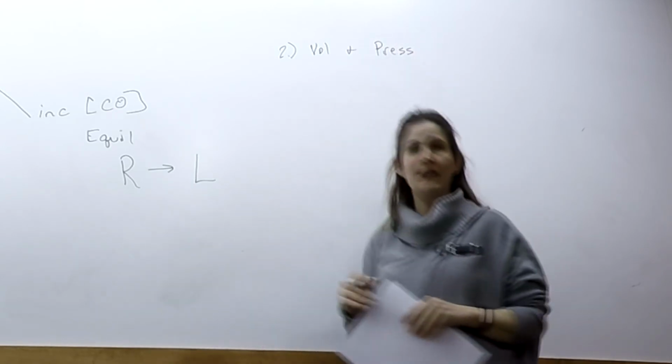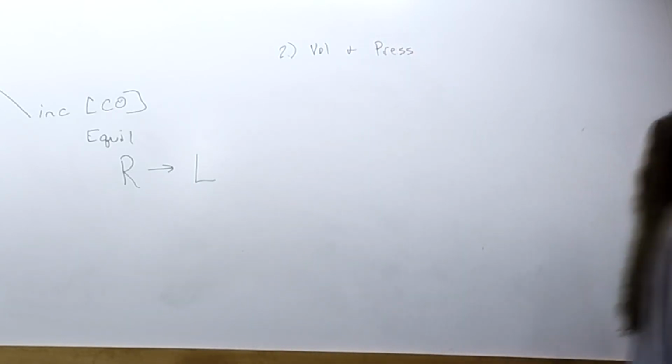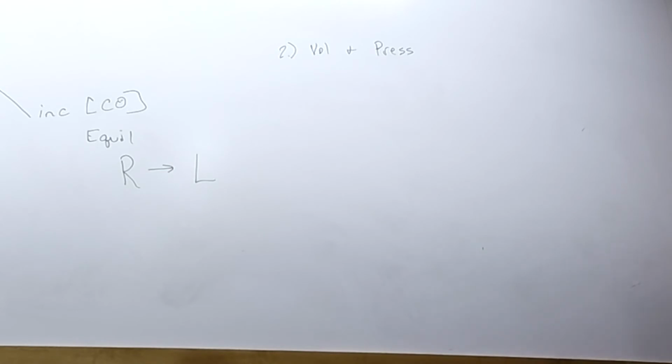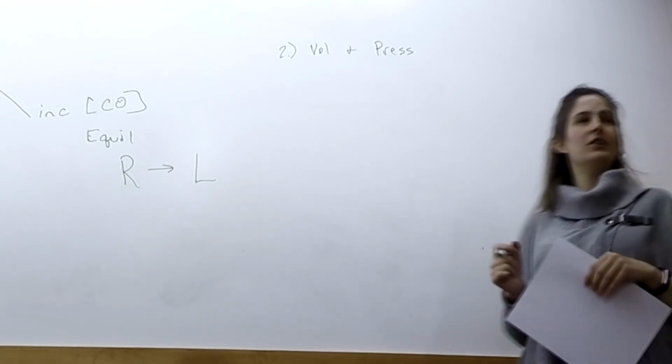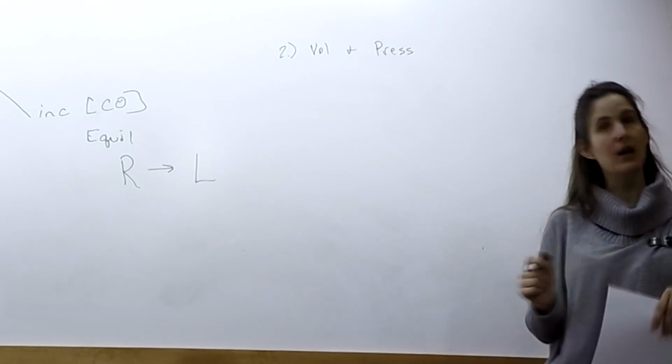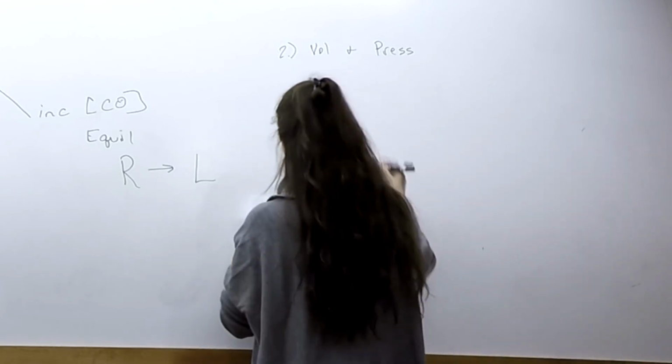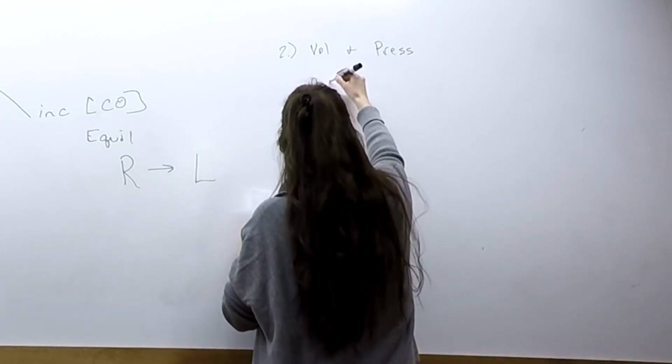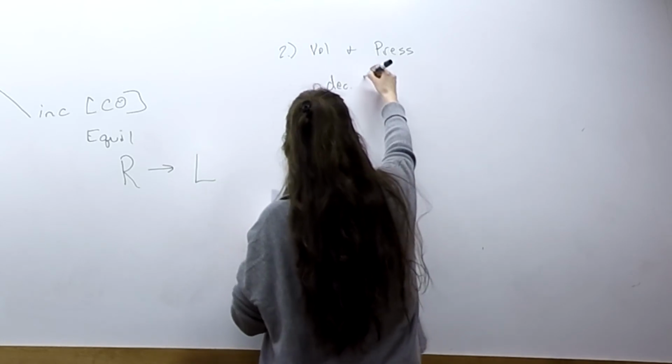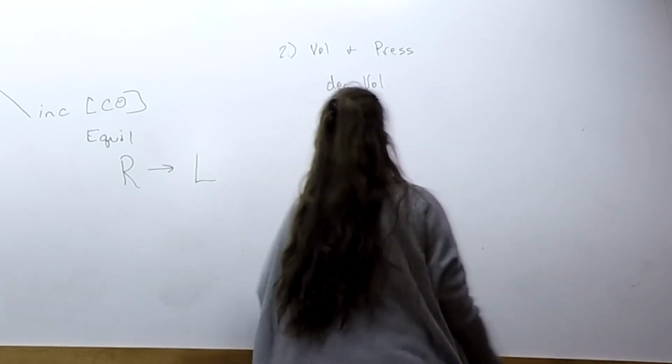Okay, for Le Chatelier's principle, what's going to happen to our equilibrium if we now change the volume of the container our gases are in? So now what we're going to do is we want to play with this container.